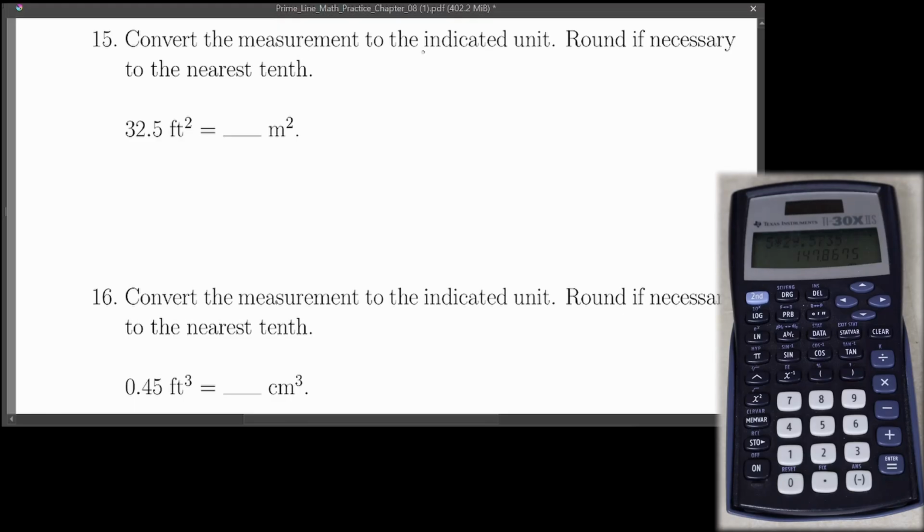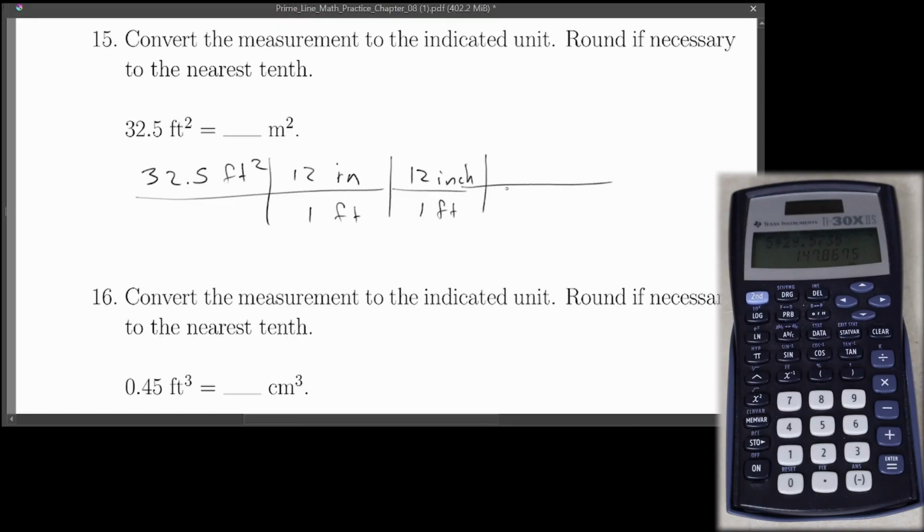Okay, 32.5 feet squared. We can go from foot to inches, and we're going square feet, so we can go from, once again, foot to inches. So let's get us into square inches. And then we can go from inch to centimeter. So 1 inch is 2.54 centimeters.